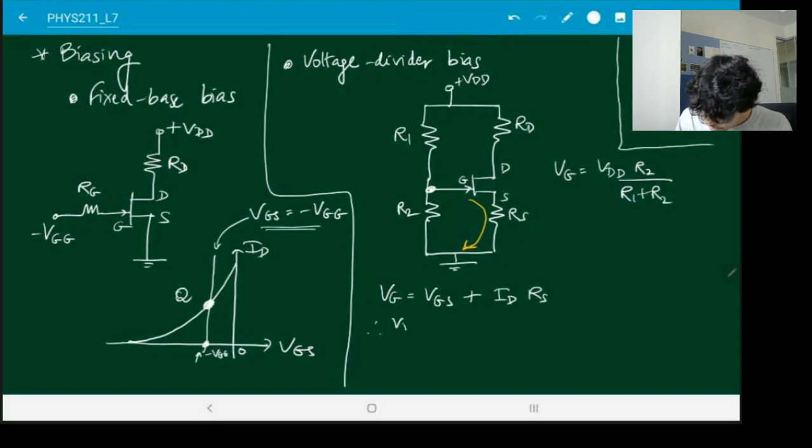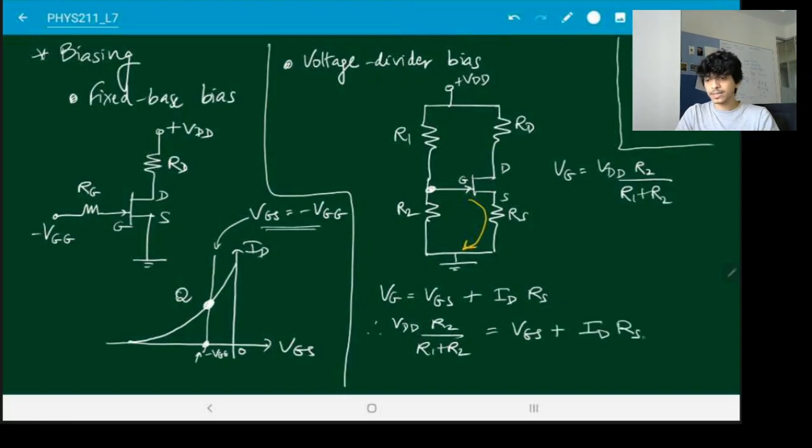So VDD times R2 over R1 plus R2 is VGS plus ID RS. So this is like your load line equation for this circuit.